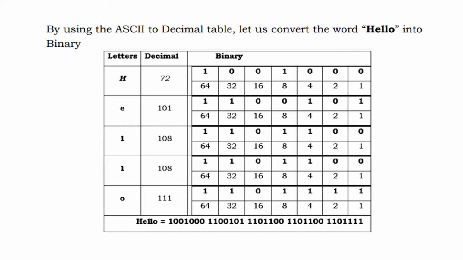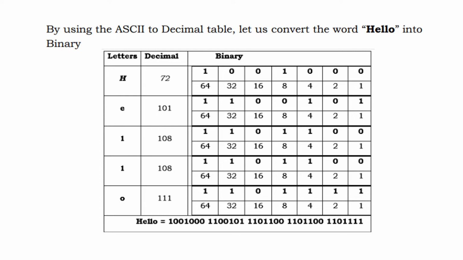18, remainder 0. Next, 18 divided by 2, the answer is 9, remainder 0. And then 9 divided by 2, our answer is 4, remainder 1. 4 divided by 2, the answer is 2, remainder 0.